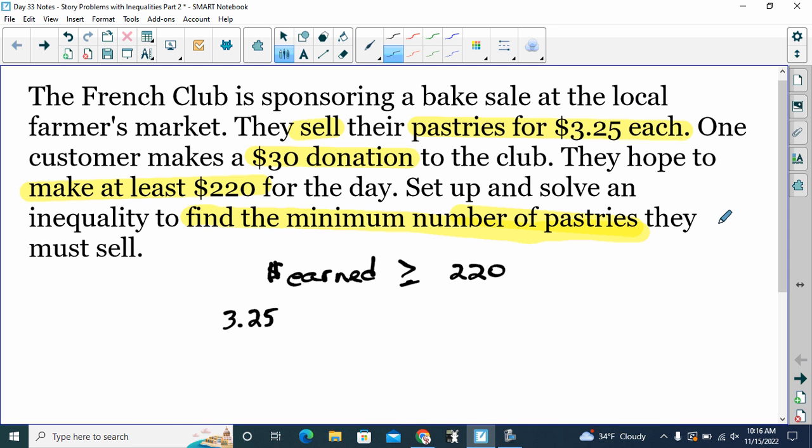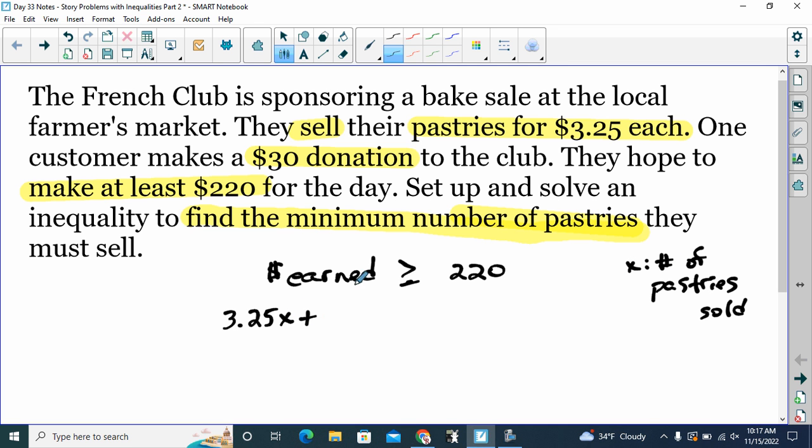We don't know how many pastries they sell, so we multiply 3.25 by x, where x is the number of pastries sold. If they sell 10 pastries, we would do 3.25 times 10. If they sell 100, we do 3.25 times 100.